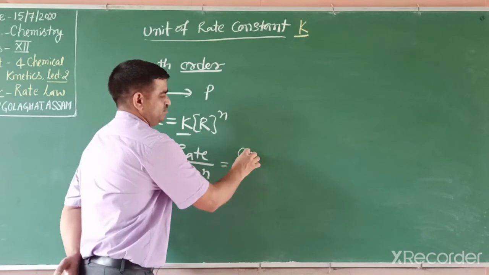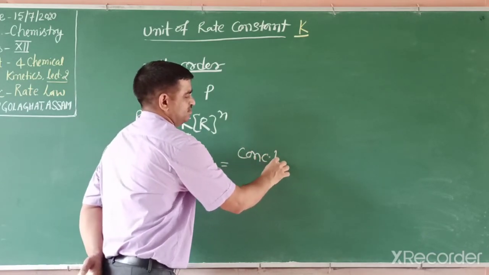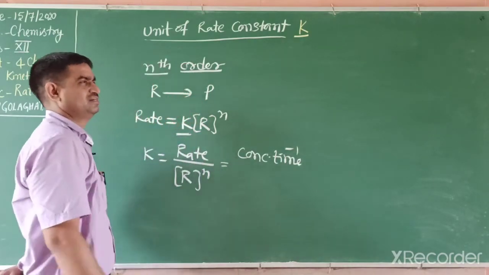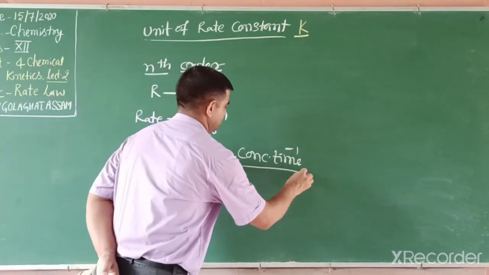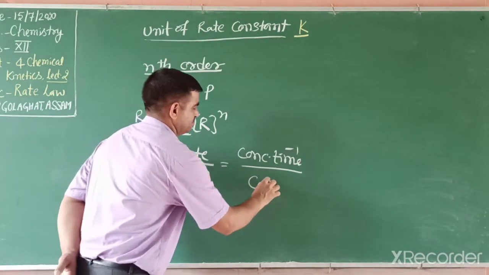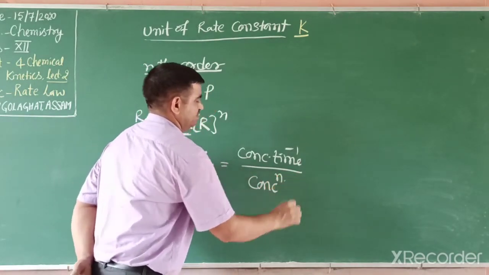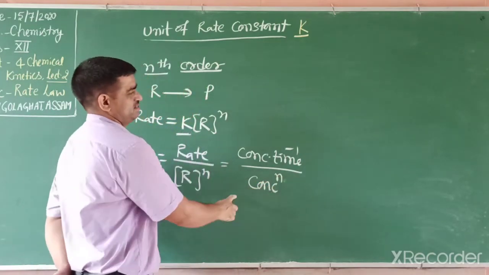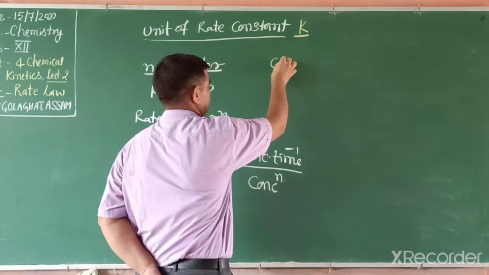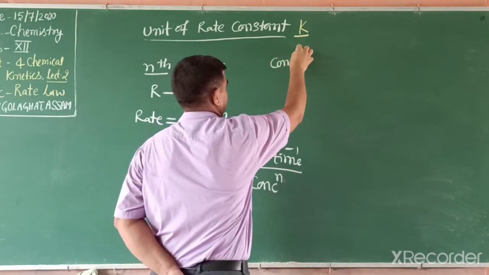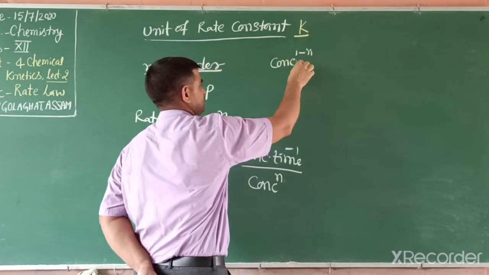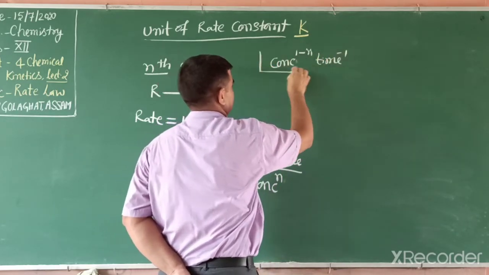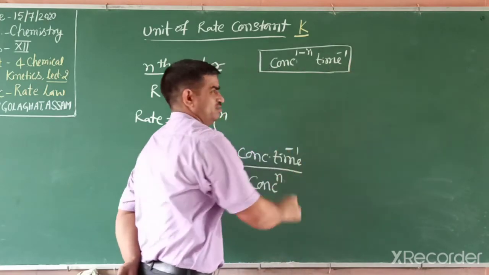Rate, you know, is change in concentration by time interval, divided by concentration power n. So when we solve this, we can write it this way, concentration 1 minus n time inverse. So this one is for the general order of a reaction.